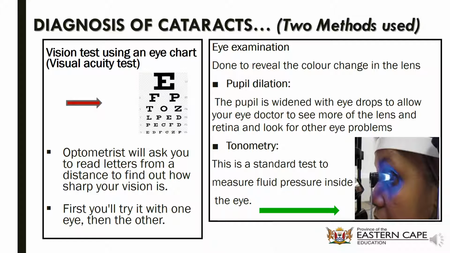You've seen this: the optometrist will shine the light into your eyes, and what they're actually doing is measuring the pressure of the fluid inside the eye to say, is there a possibility of your eye being clear, or do you possibly suffer from cataracts?